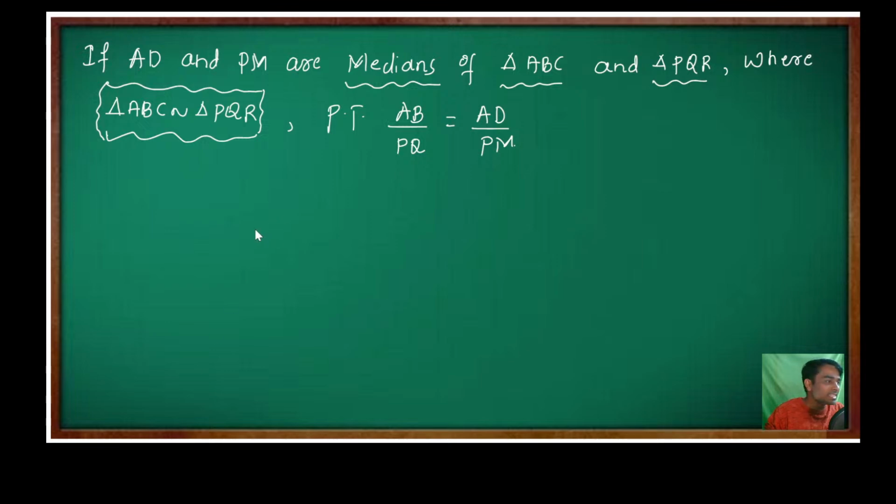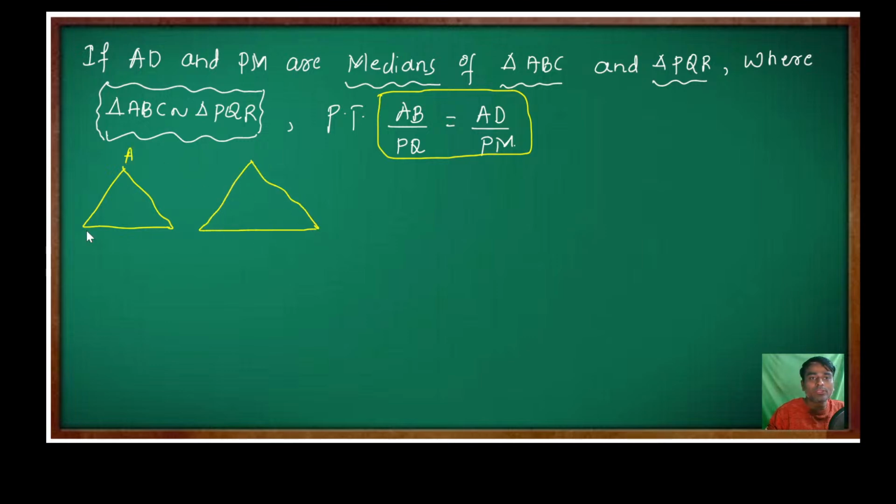Now you will select a triangle depending on these two ratios. Selection of triangle will depend on these. First, let's write two triangles. ABC one triangle, then PQR another triangle.